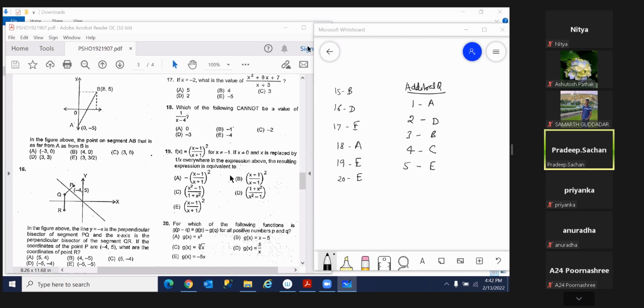Any doubt from 15 to 20? Okay, then the additional questions you may solve at home.